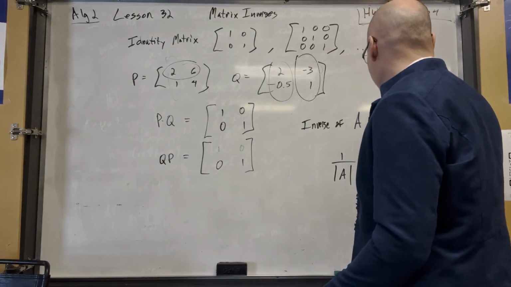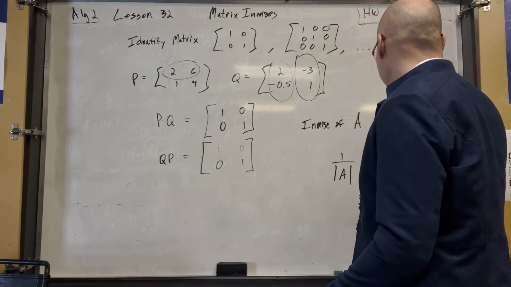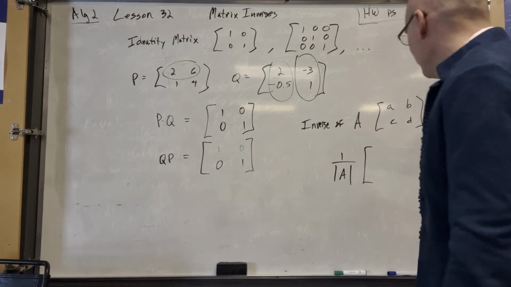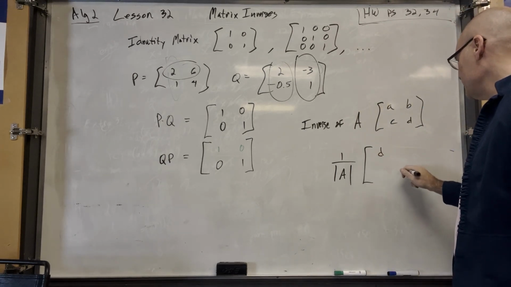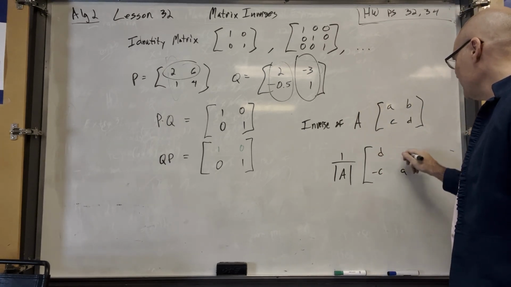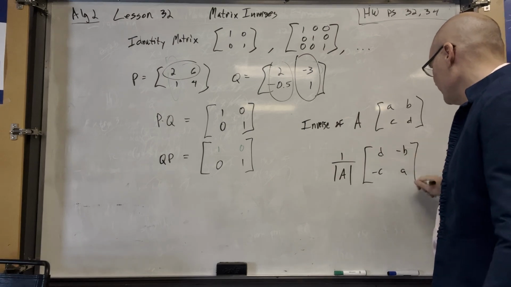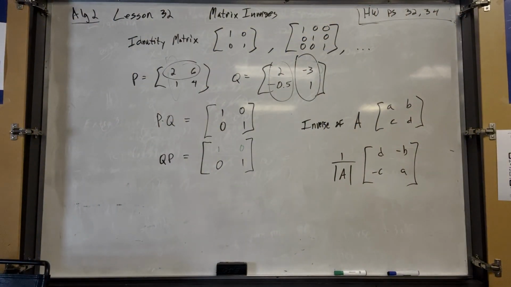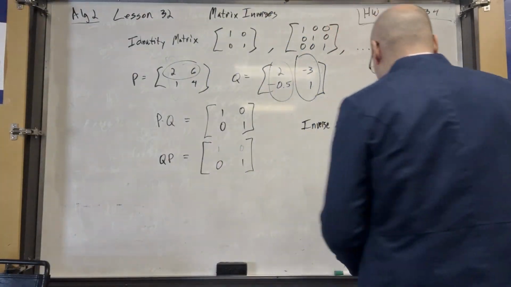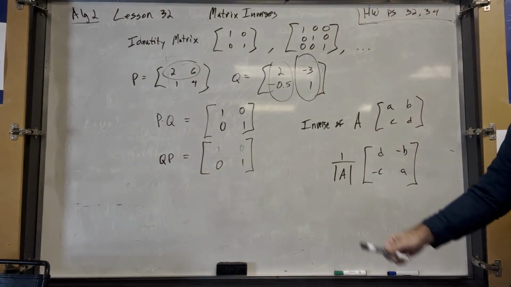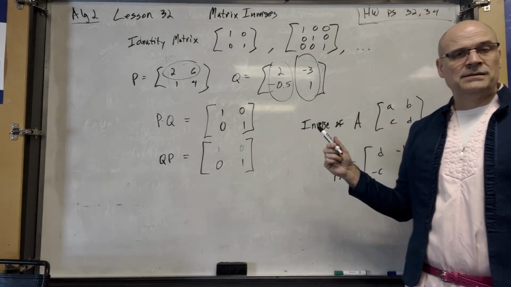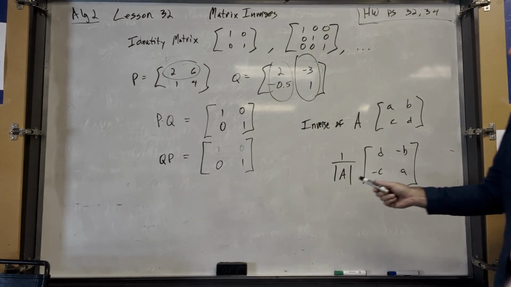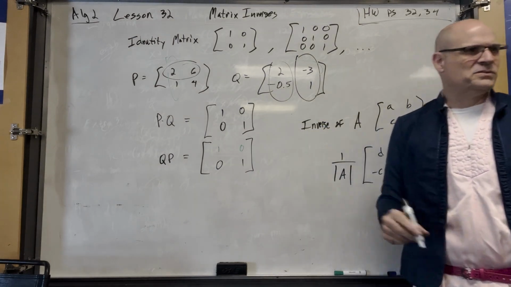If A is A, B, C, D, what you do is you switch A and D, and then you negate B and C, but you don't switch them. That doesn't make sense. It's not going to make sense. But this is what happens. It will make sense when you multiply it out, like what we did, because you want to get this identity matrix when you multiply it out.